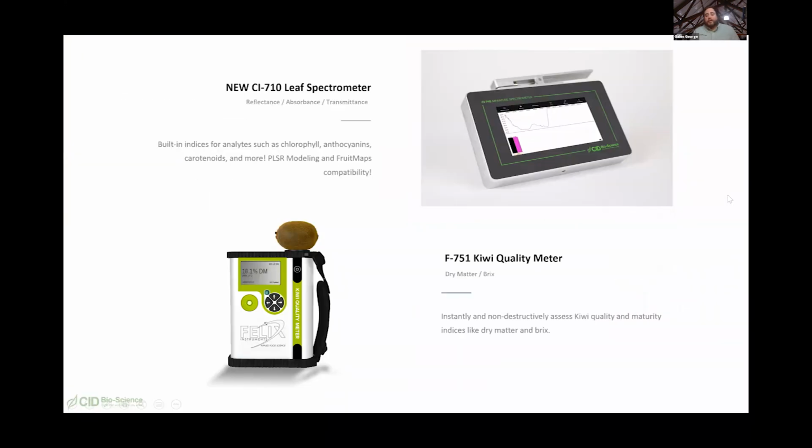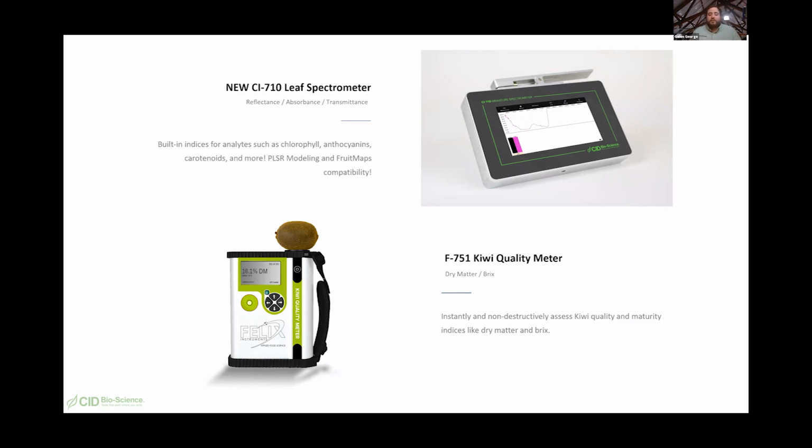Just want to really quick let you guys be aware of some upcoming releases we have. We do have a new leaf spectrometer, the CI 710. It is a vast improvement, similar to the 110's evolution. The 710 is evolving from a system that requires two hands to a single-handed unit. It's an all-inclusive, all-in-one instrument. Again, be able to measure reflectance, absorbance, and transmittance.